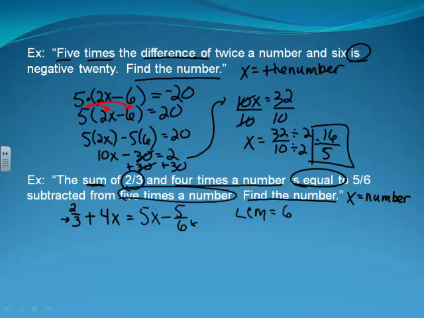But what we're doing with that 6 is we're going to multiply each and every term by 6 in the problem. So we would get 2/3 times 6 plus 4x times 6 equals 5x times 6 minus 5/6 times 6. Remember, those 6's are up in the numerator.